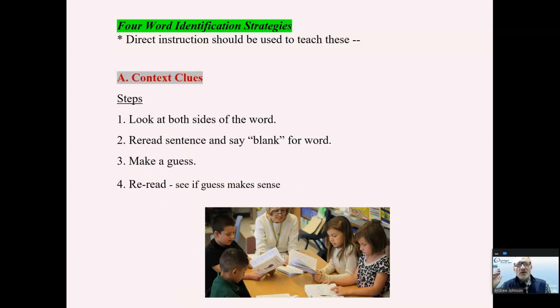And the first word identification strategy is context clues. Boys and girls, when I don't know what a word is, I have to use context clues. I look at both sides of the word. I read the sentence and say blank. I make a guess, and then I reread to see if that guess makes sense.